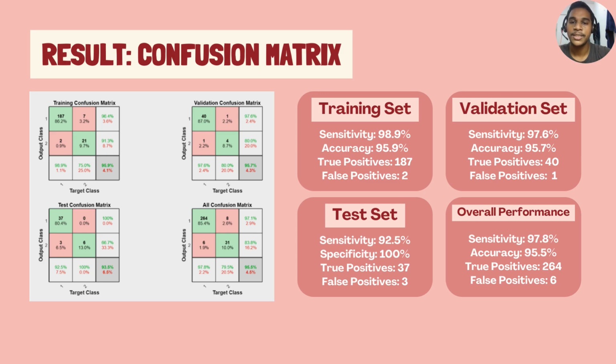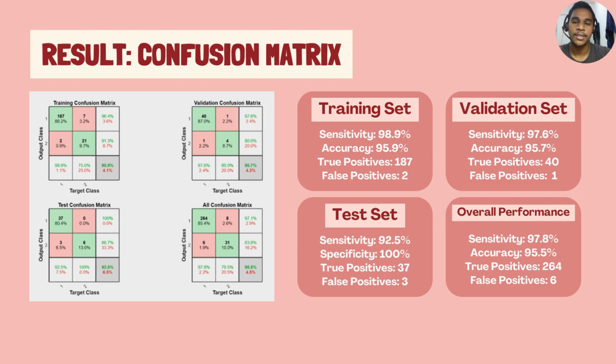Moving on to the validation set, the sensitivity slightly dropped to 97.6%, but the accuracy remained high at 95.9%. Here we had 40 true positives and just one false positive. For the test set, the sensitivity was 92.5% and we achieved perfect specificity at 100%, meaning there were no false negatives.